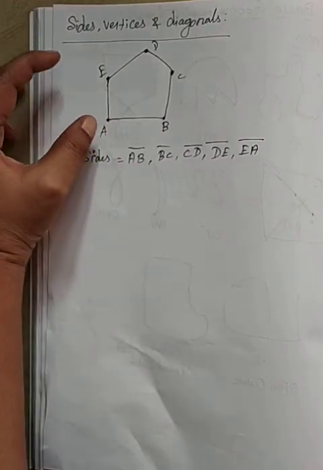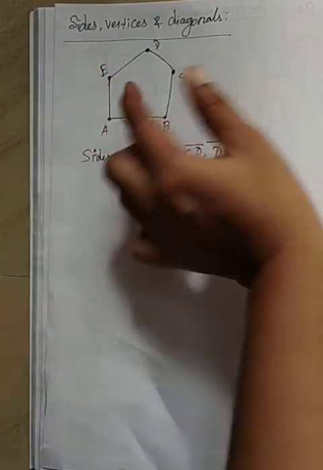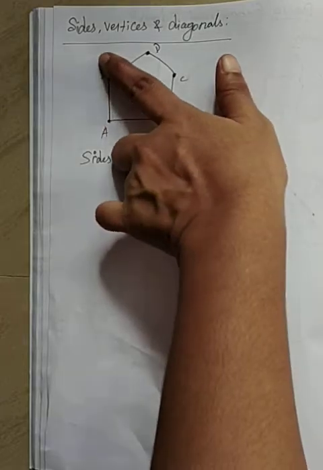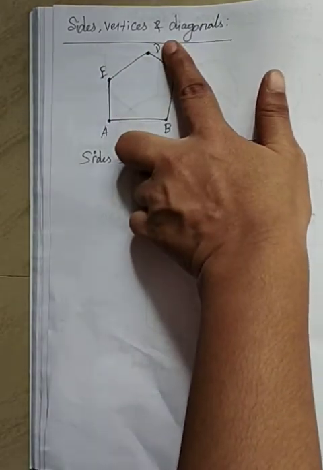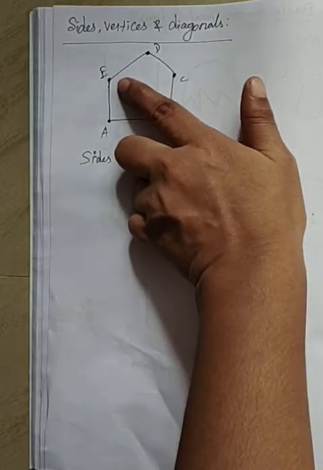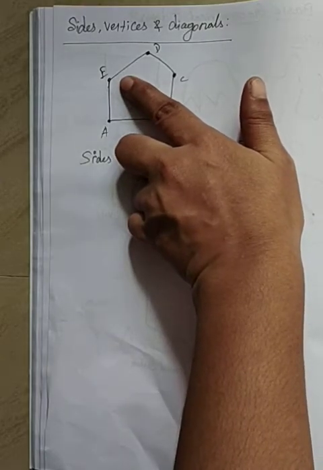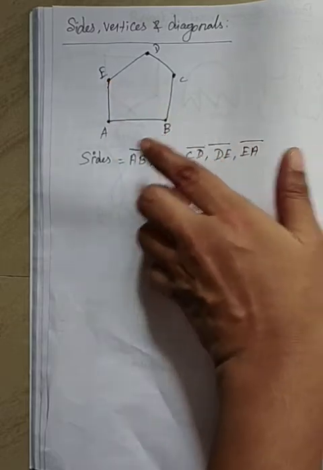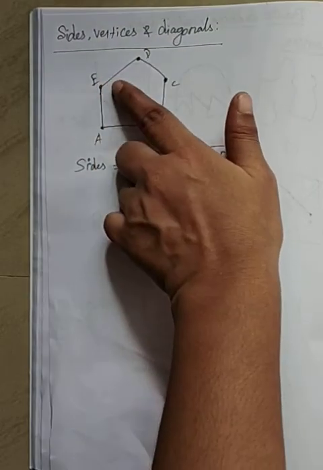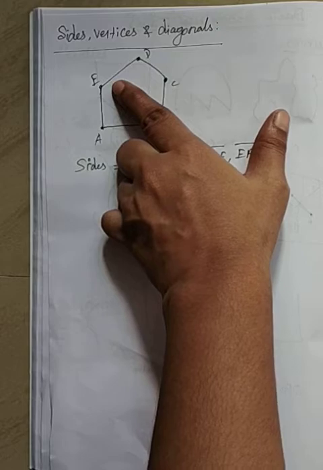You can take the sides AE and ED, these two line segments. They meet at which point? E. So E is a vertex of the polygon ABCDE. Clear?